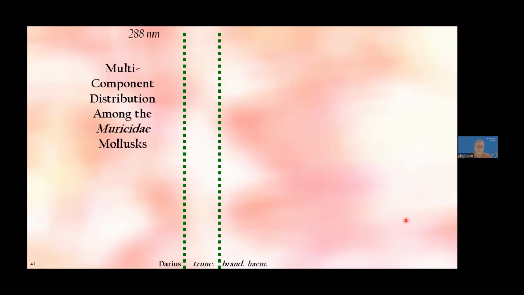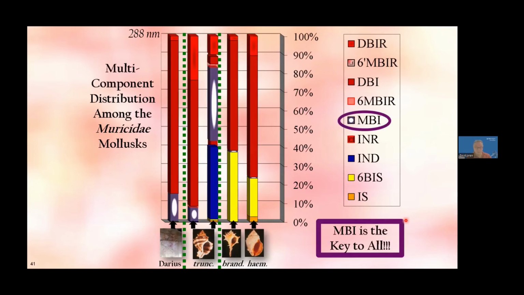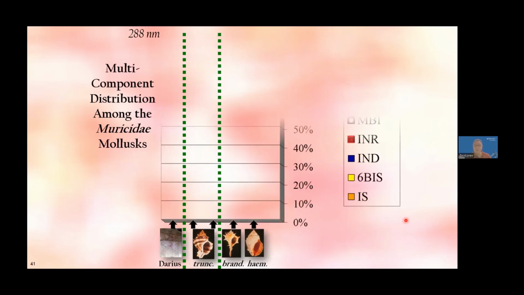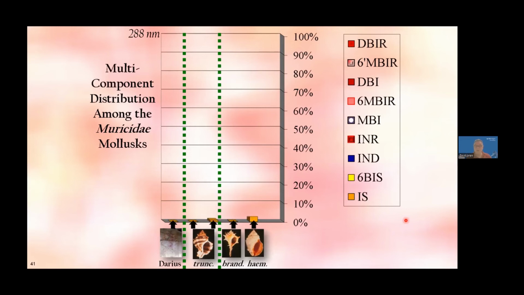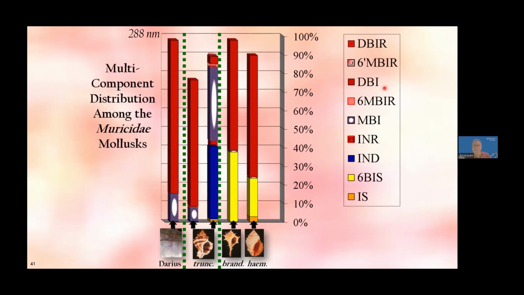on a number of different modern snails as well as archaeological samples, and did these qualitative and quantitative analyses where you could see, let me go up one at a time, the different components, the yellowish isatins, and the indigo quantification, the indirubin, monobromo indigo in this bar chart, as well as dibromo indigo and all the other components.